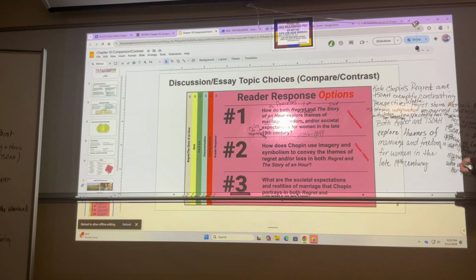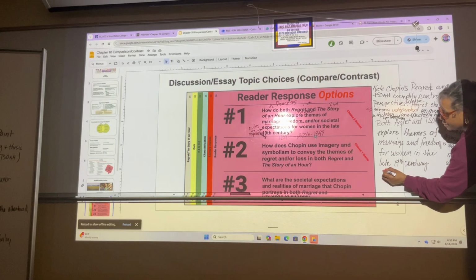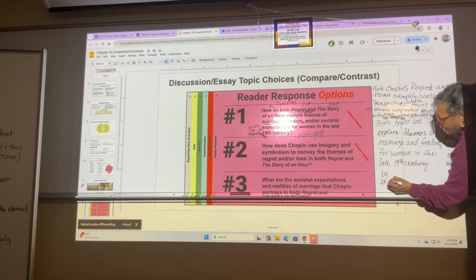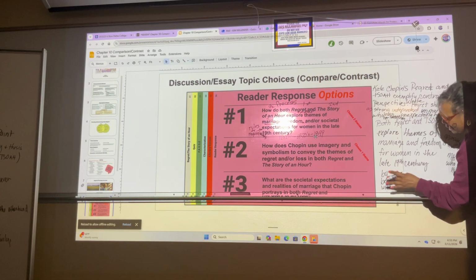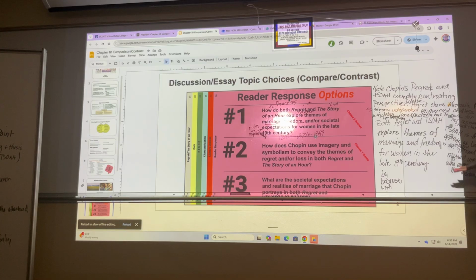So here's where, when you have to answer your question, now you're saying by, or because, or with. And so by, this is where you put your contrast or compare.